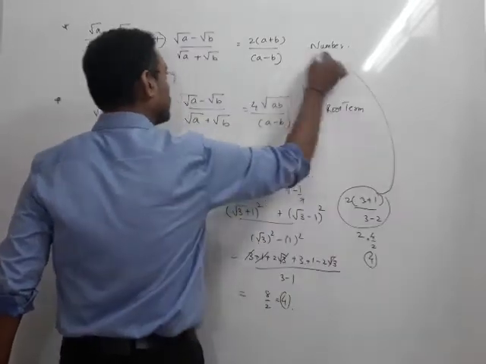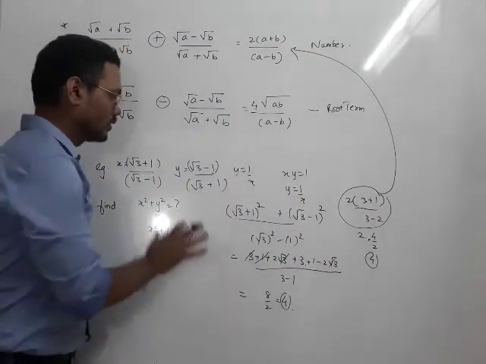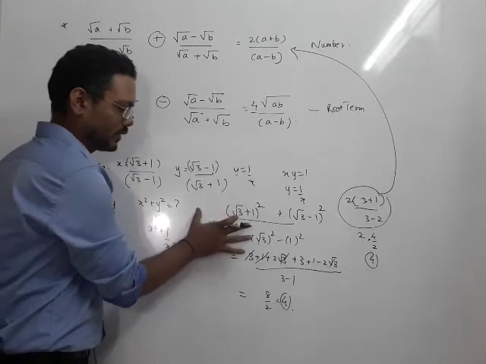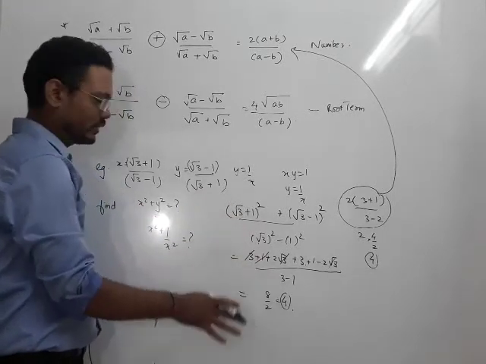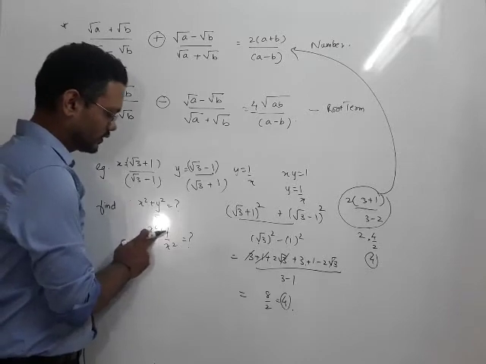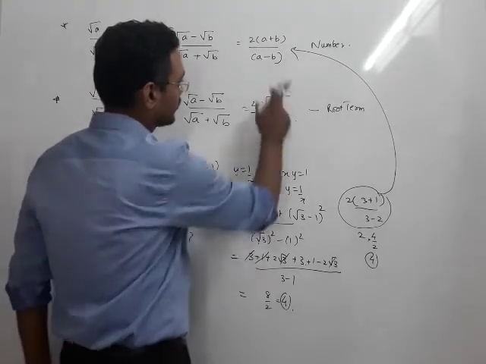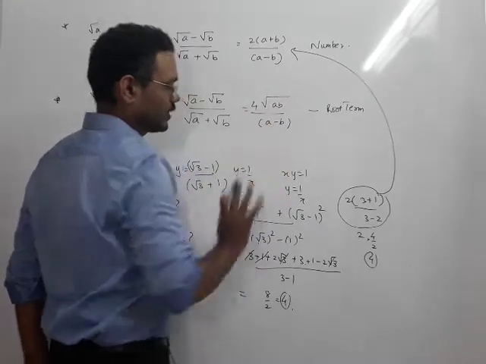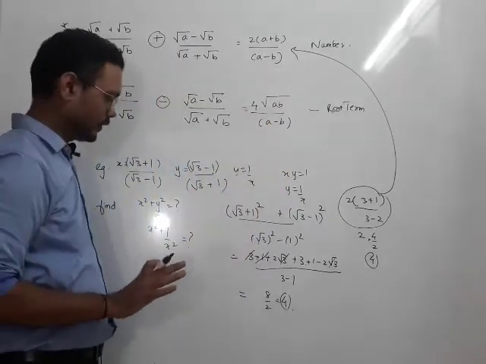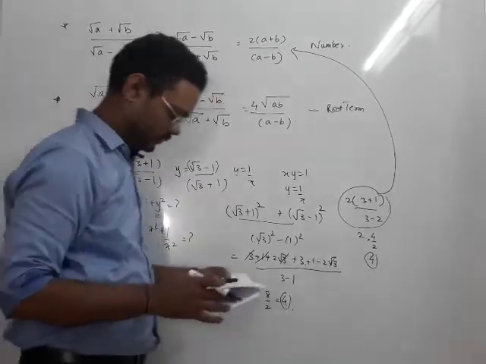How have we got this? Through this, which means we don't have to expand it, multiply it, or do anything. You just have to look at what they have asked for. If it is a plus sign, x square plus 1 by x square, then it's a straightforward formula, twice of a plus b upon a minus b. Alright, understood? So this was the logic to go through this sum.